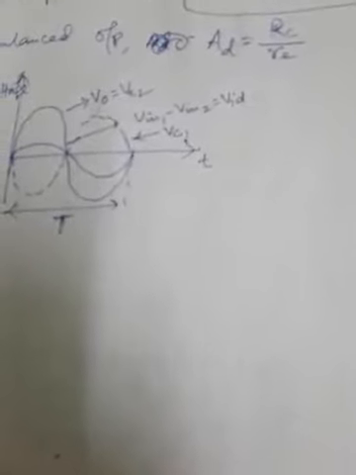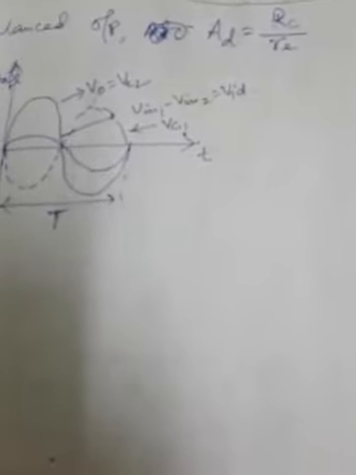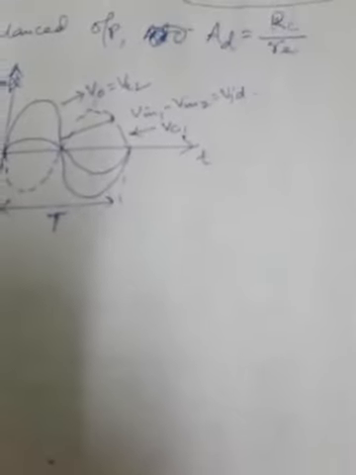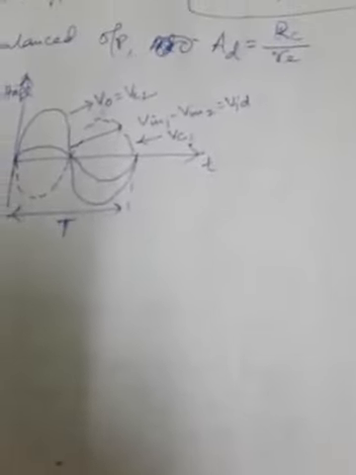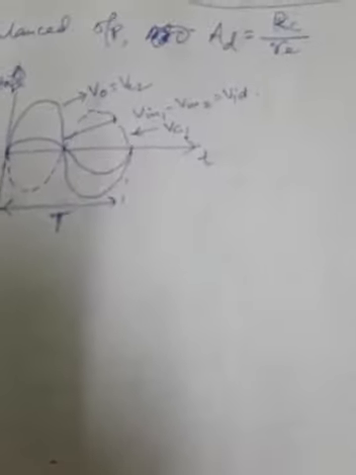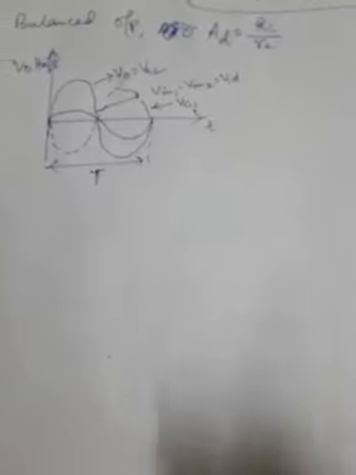Hence the input resistance Ri for this configuration should be the same as that of the balanced output configuration.